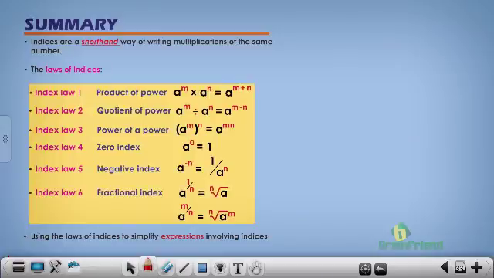Students, let's take a recap of all that we've learned so far. We've learned that indices is a shorthand manner of writing numbers that repeatedly multiply themselves over and over again for a number of times. Also, we learned about the laws that govern indices, 6 laws in total.